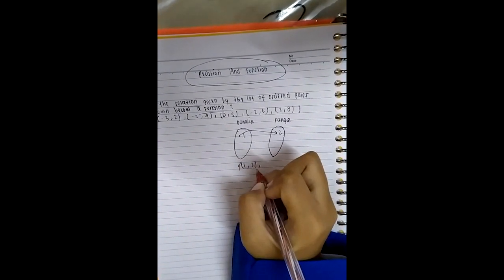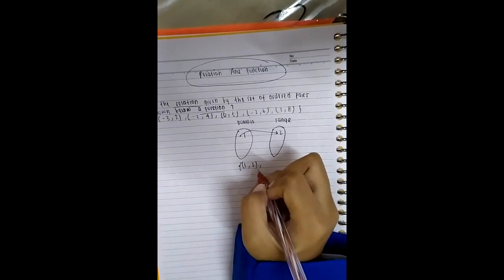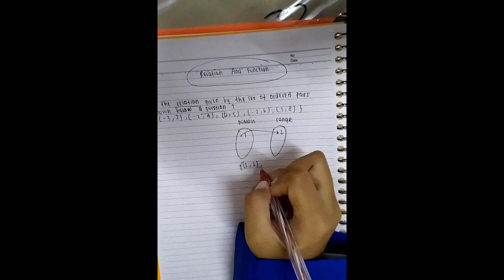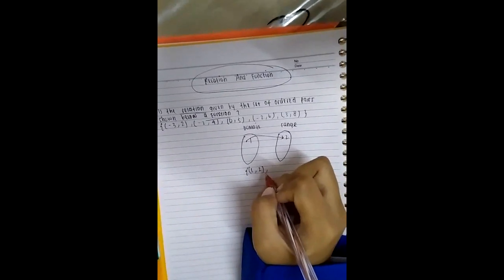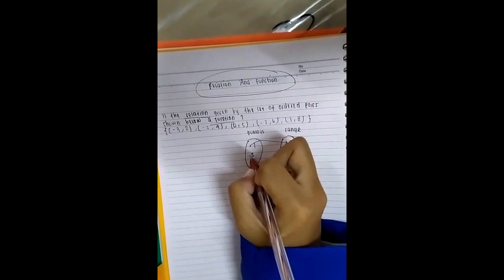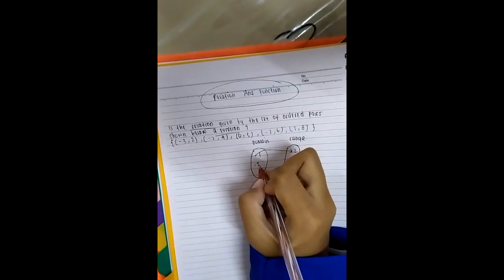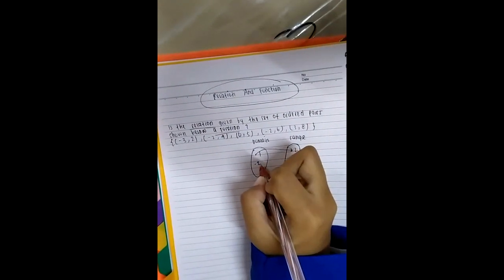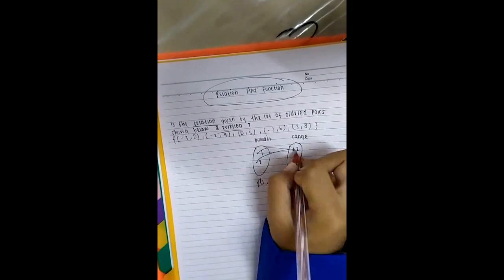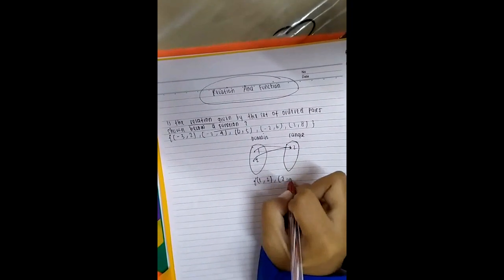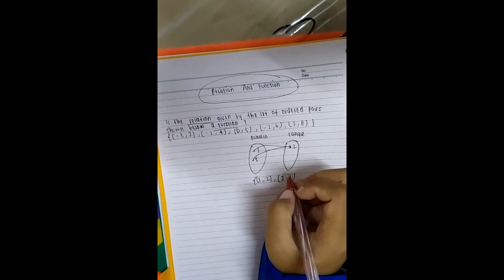Now the relation can also say that maybe 2 is associated with 2 as well. So 2, 2.